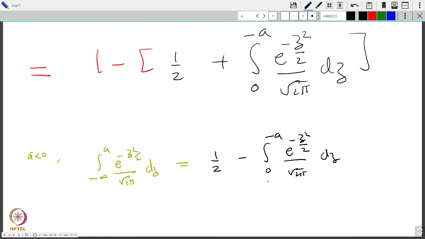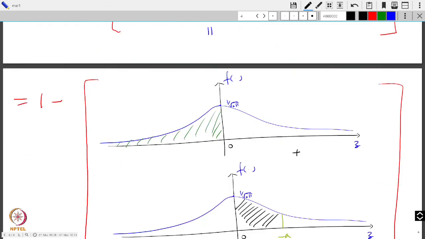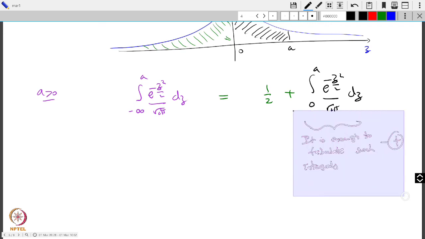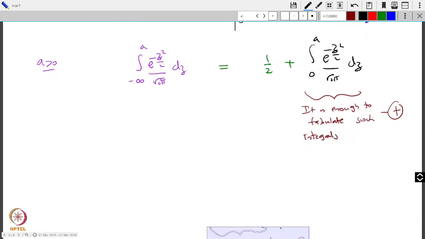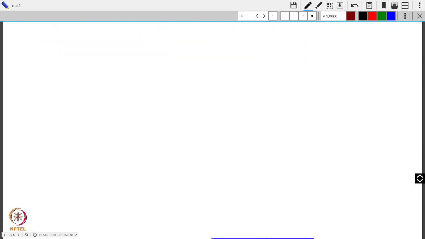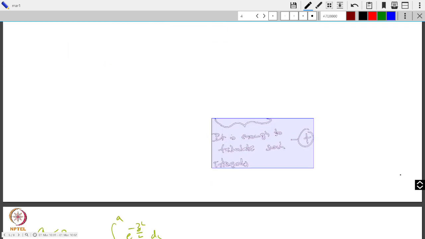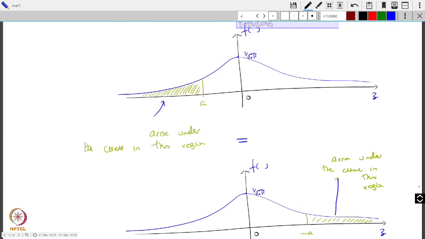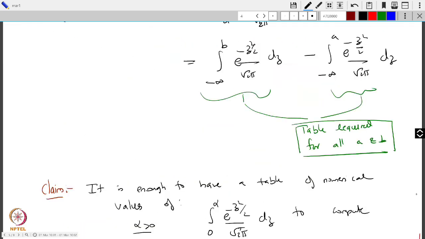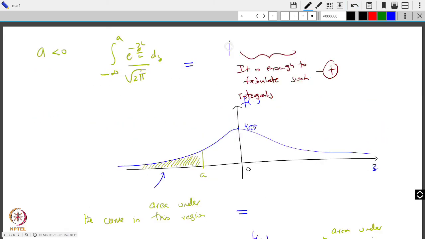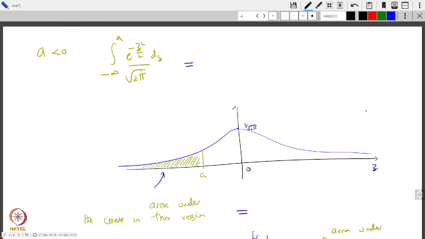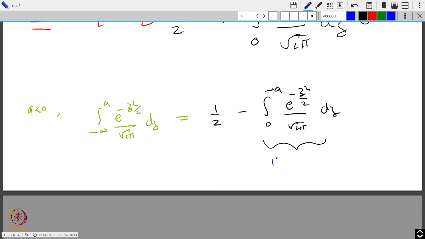it's also enough to understand these integrals.